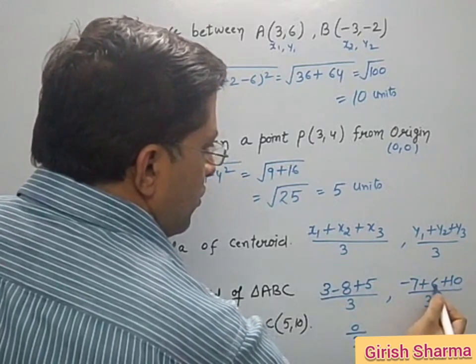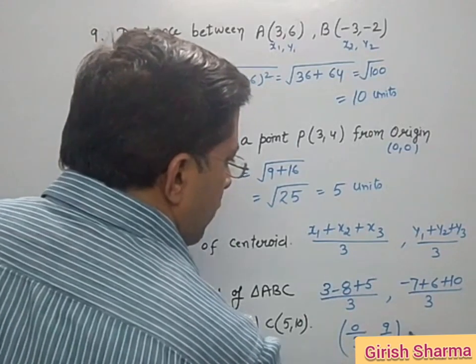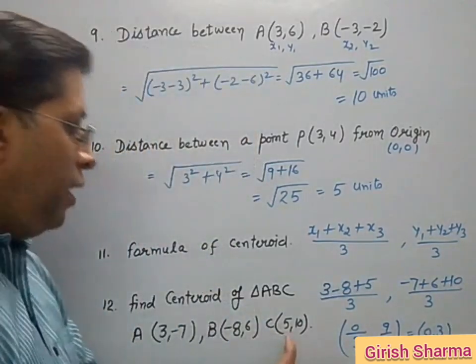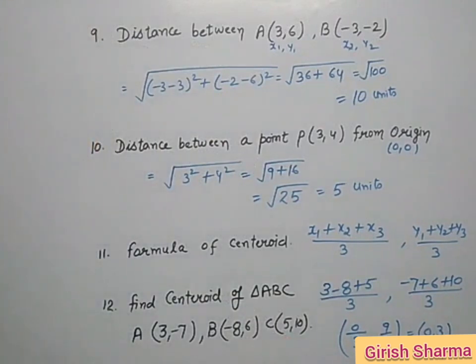Here 16 minus 7 is 9, upon 3. So it is (0, 3). This way you can get the centroid of any triangle ABC easily.